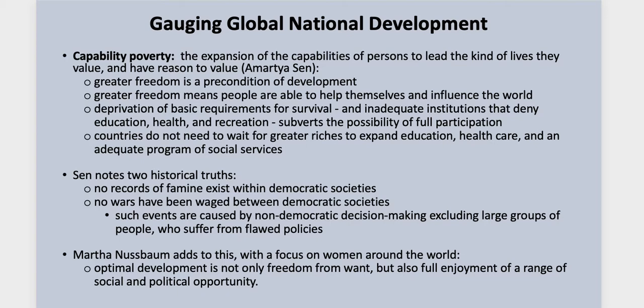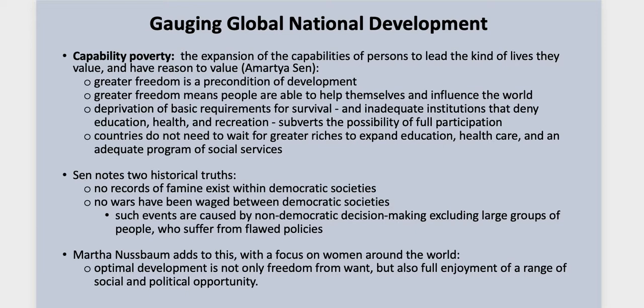And he believes that the countries don't need to wait until they're wealthy in order to improve their education, healthcare, or to provide an adequate program for social services. If they go about doing that, their wealth is going to expand as a result. And you can see that the kinds of things he's talking about here really is democracy, right? In many respects, he sees two historical truths that are very significant and seem to be true. One is that there are no records of famine existing in any democratic society.